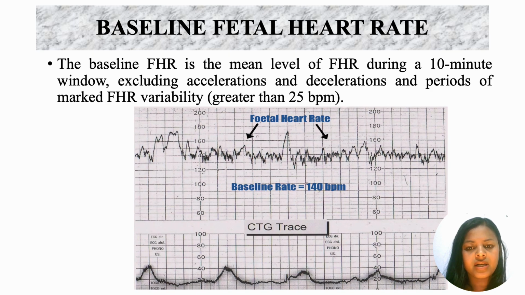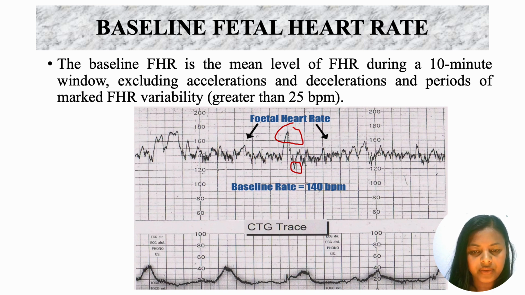The baseline fetal heart rate is the first component. It is the mean level of fetal heart rate during a 10-minute window. We have to exclude acceleration, deceleration and any periods of marked fetal heart rate variability when assessing the baseline. Acceleration is an increase in fetal heart rate from the baseline, deceleration is a decrease from the baseline, and variability is a variation of fetal heart rate.